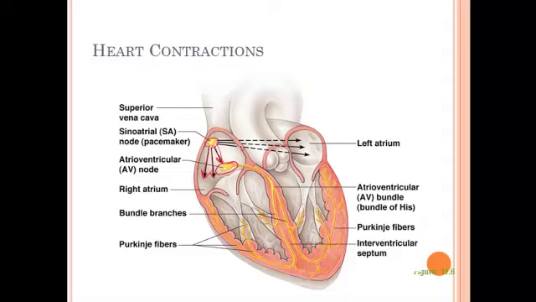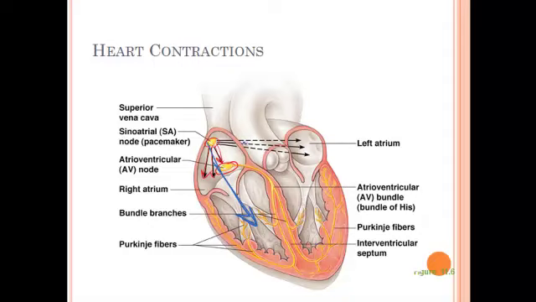But notice this, so the atria, because we're trying to pump the blood, and let me maybe draw it in blue here so you can see, we're trying to pump the blood this direction from the atria. And so that means that we want the contraction of the heart muscles to also move in that direction. So the SA node is at the top, and as the signal is sent out, the contraction is going to start at the top and move in this direction to pump the blood into the ventricle.